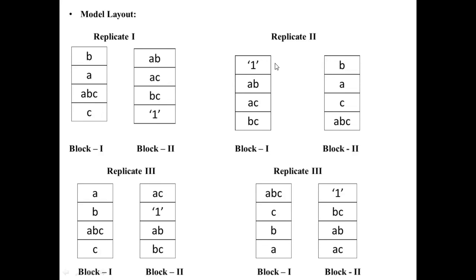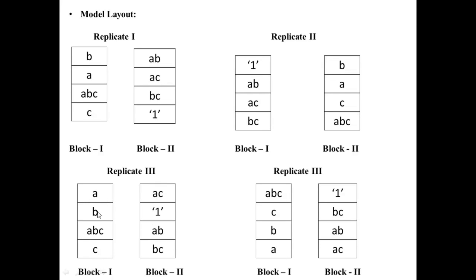Then in replicate 2 we assign the negative group of treatment combinations to block 1 and the positive treatment combinations to block 2. So here in block 1 we get 1, AB, AC and BC, and in block 2 we assign these 4 treatments randomly. We get the design B, A, C and ABC. Similarly, we use randomization in blocks at 2 stages. In replication 3 we assign the positive treatment combinations to block 1 and the negative treatment combinations to block 2 at random.